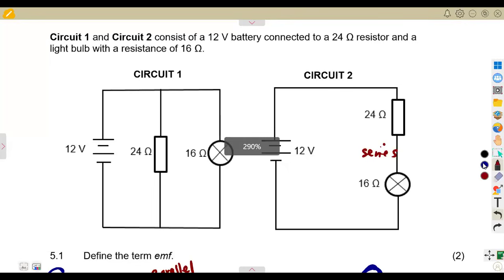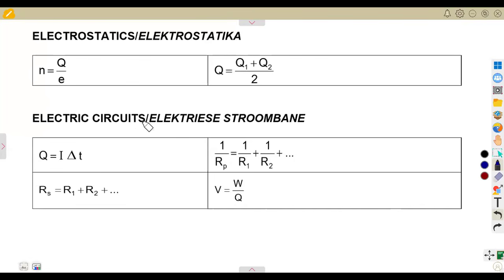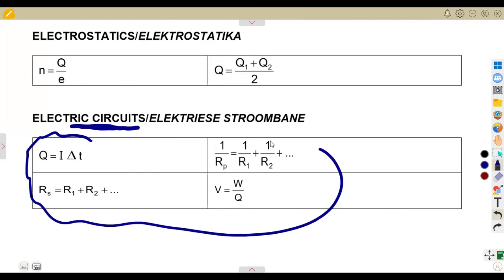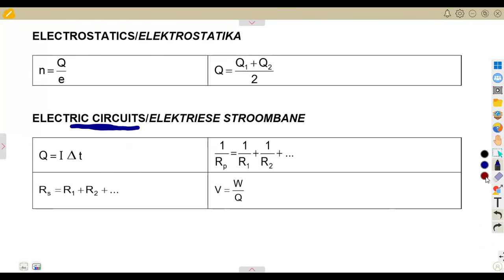So you are supposed to calculate using the formula for a parallel circuit. If you have forgotten this, you have this information on your information sheet or formula sheet under electric circuits. This is where you check the formulas that you are given.